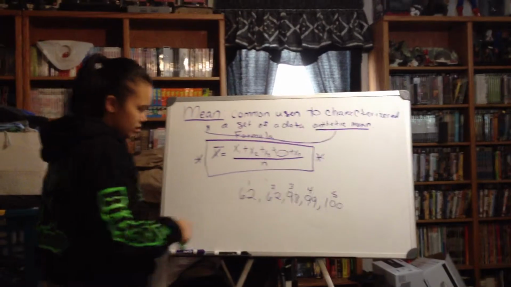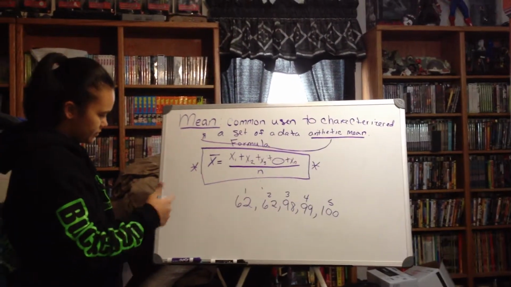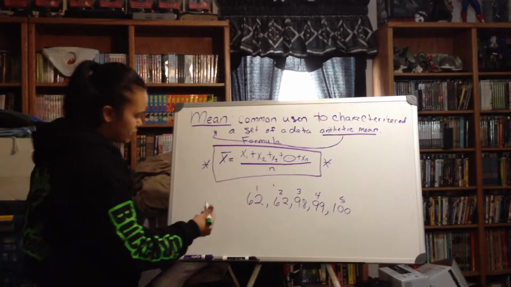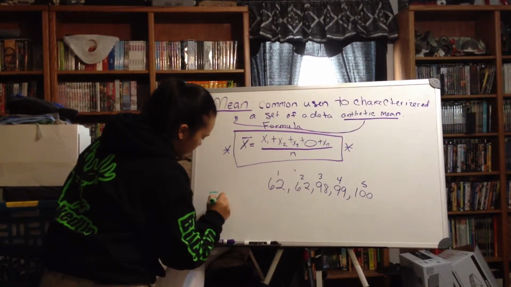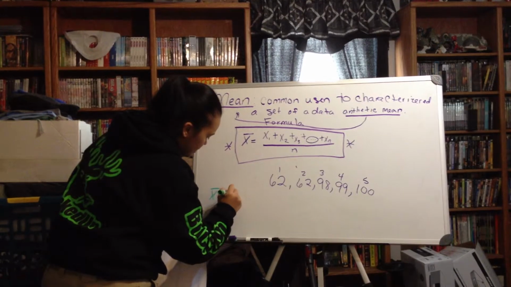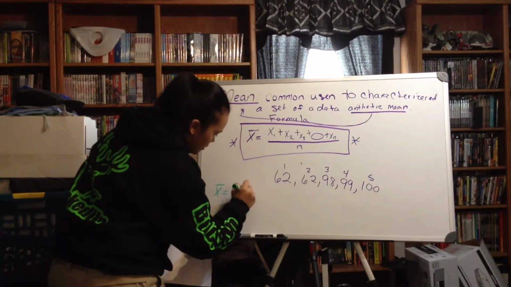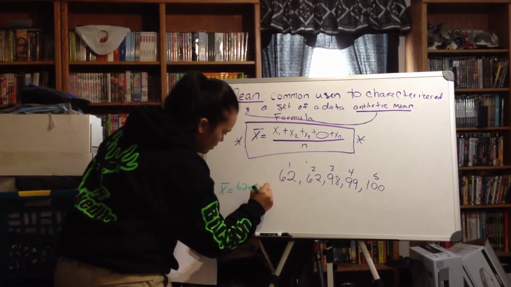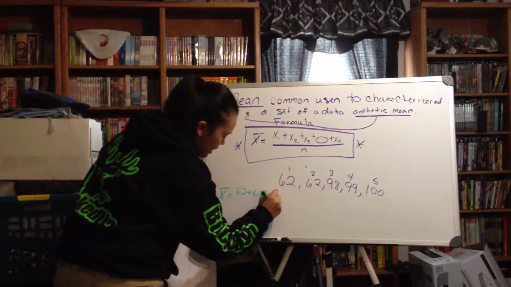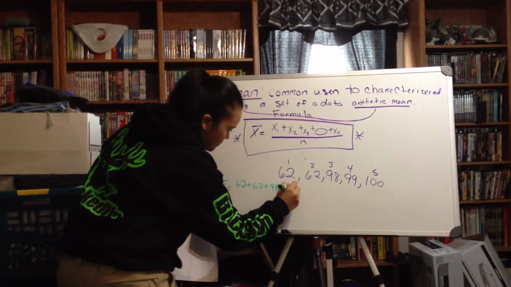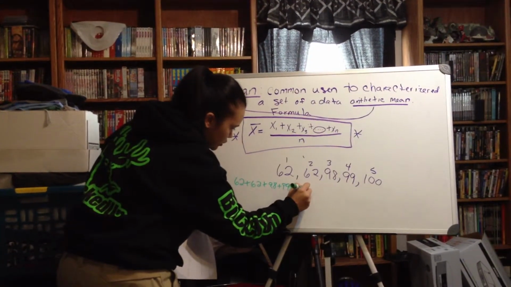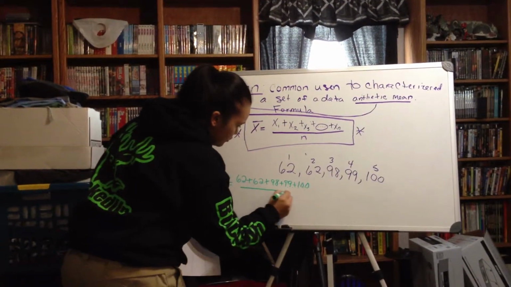We want to find what your mean was. Okay, so let's find this out. Let's plug in our little formula over here. X bar, 62, plus 62, plus 98, plus 99, plus 100, all over.